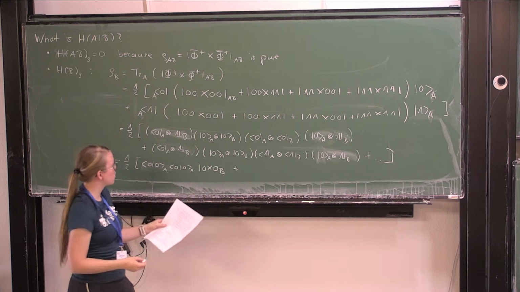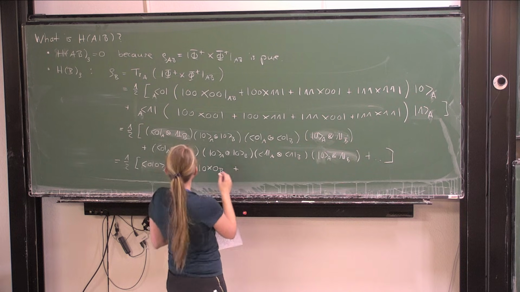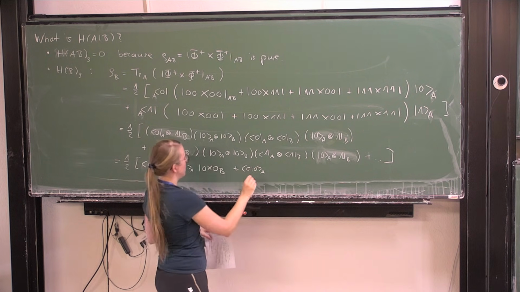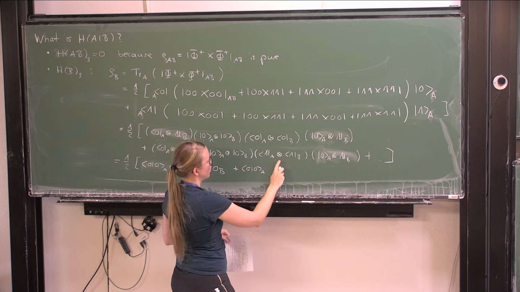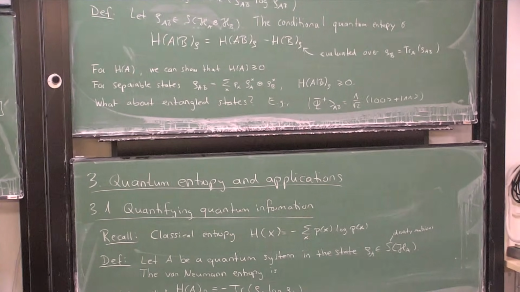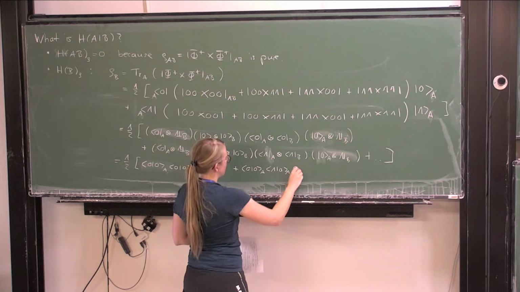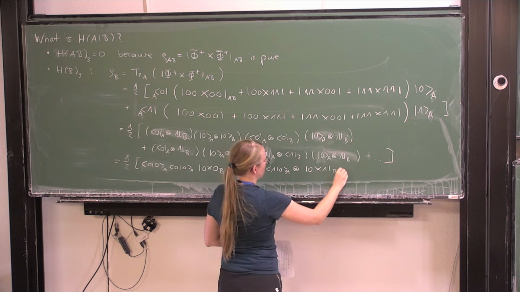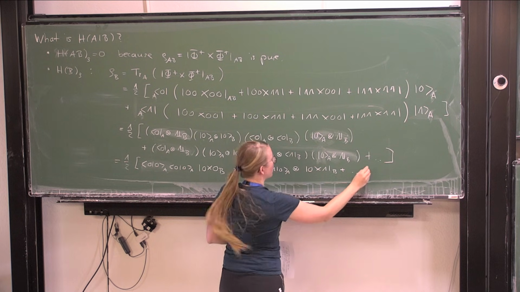And for the next one, we get 0, 0, and a 1 and a 0, tensor 0, 1 on B, plus all other terms.